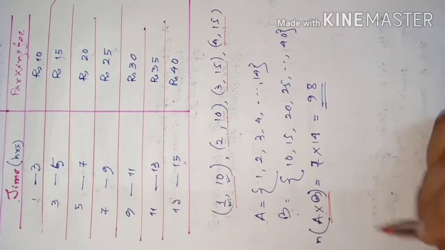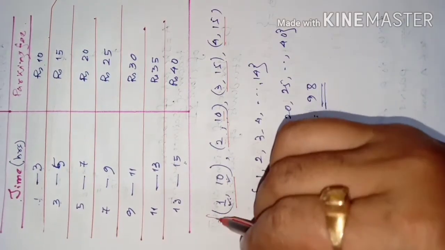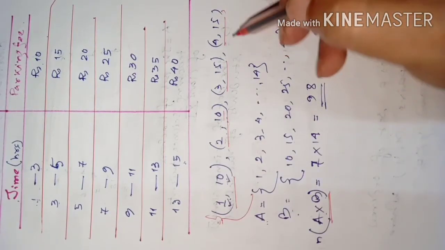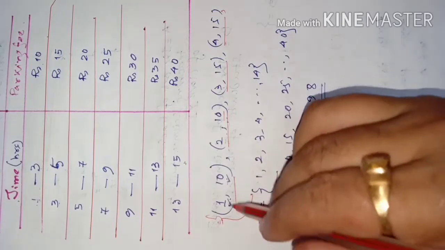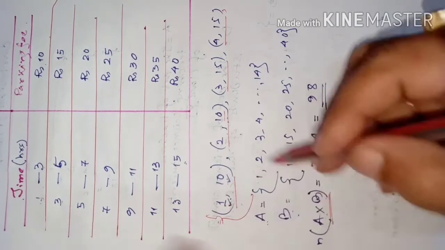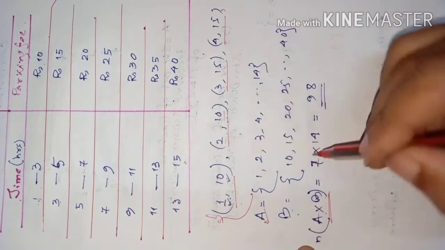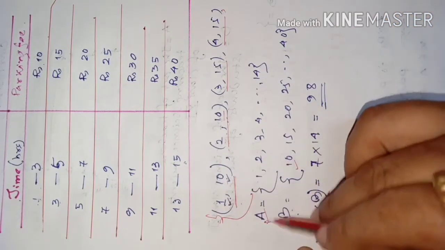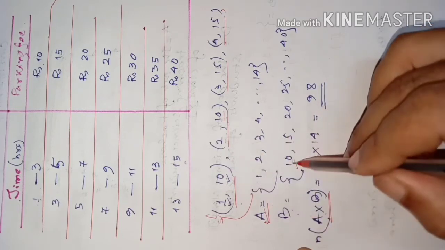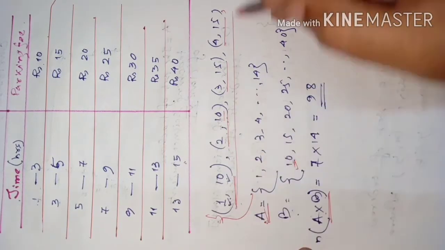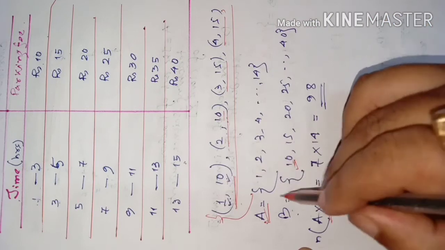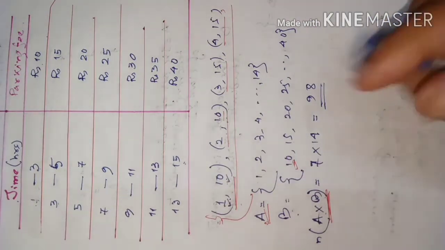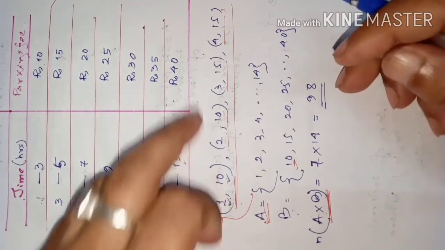So if we consider this as a set of ordered pairs in which the first element is from set A and the second element is from set B, this will be smaller than A cross B, because in A cross B there will be 98 pairs, but here 98 pairs will not be there.